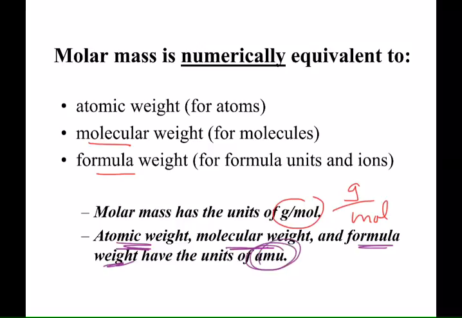Those are in units of AMUs. So just like what we did with the decimal number, to go back and forth between, carbon has an average atomic weight of 12.01 AMUs. 12.01 AMUs is how much on average a carbon atom weighs. Then we said its molar mass is 12.01 grams of carbon per 1 mole of carbon atoms. So it's the same number, you just have to change the units.